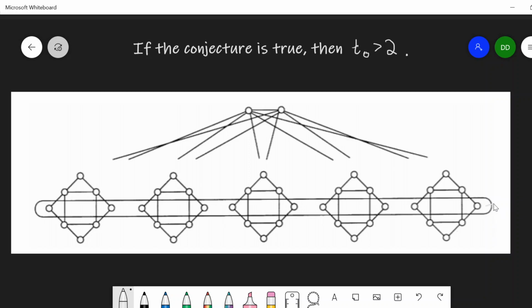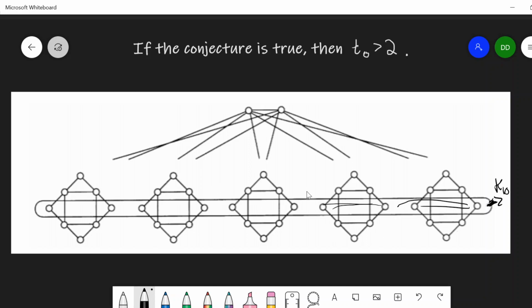So these 10 vertices here form a K10. All of these vertices are joined up. And then we have these 2 other vertices, this K2, and these are joined to every one of these graphs.